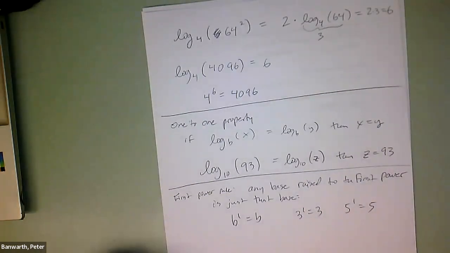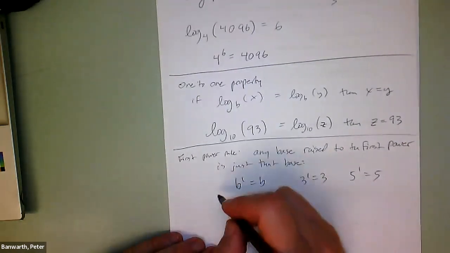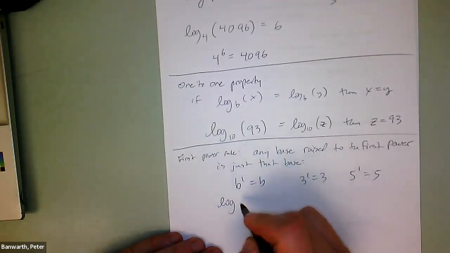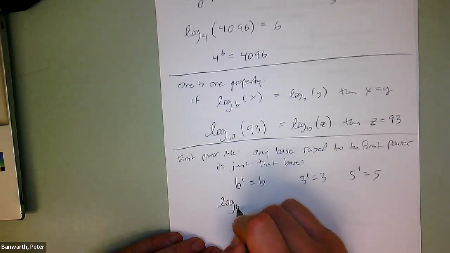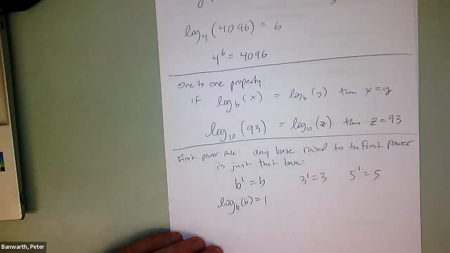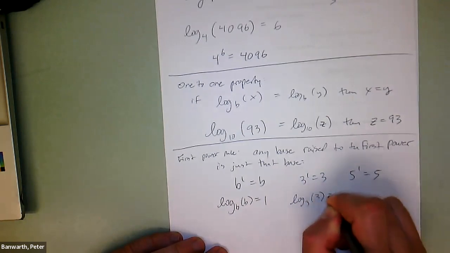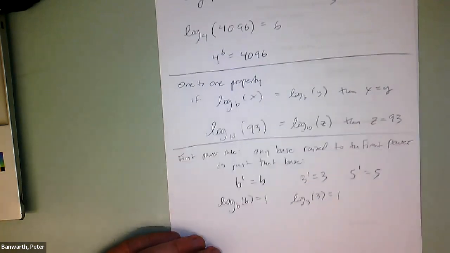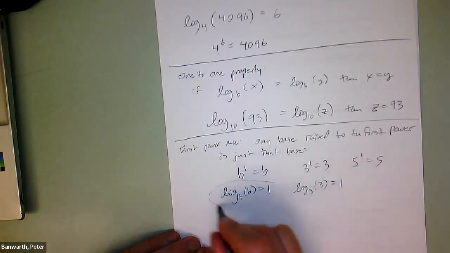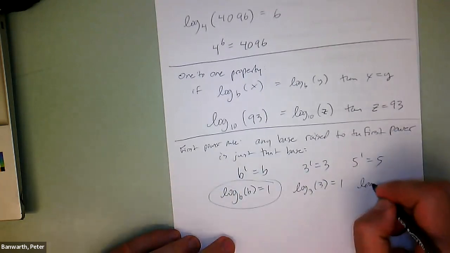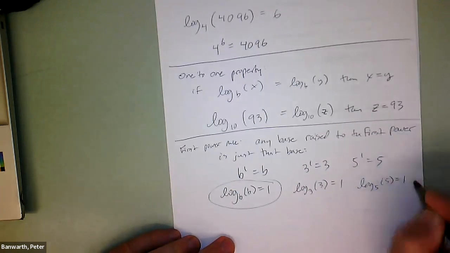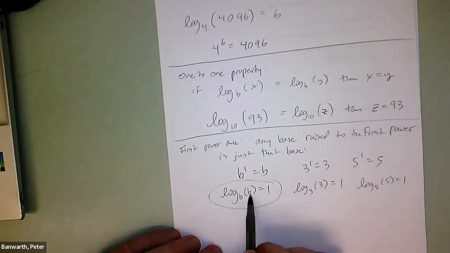Right? We all know that. That we're comfortable with. How you write it as a log? Well, 1 is the power that goes on B to get you B. That's 1. 1 is the power that goes on 3 to get you 3. That's 1. So this right here is our first power rule. Anytime you see that the base is the same as what's inside the log, it's got to be equal to 1.